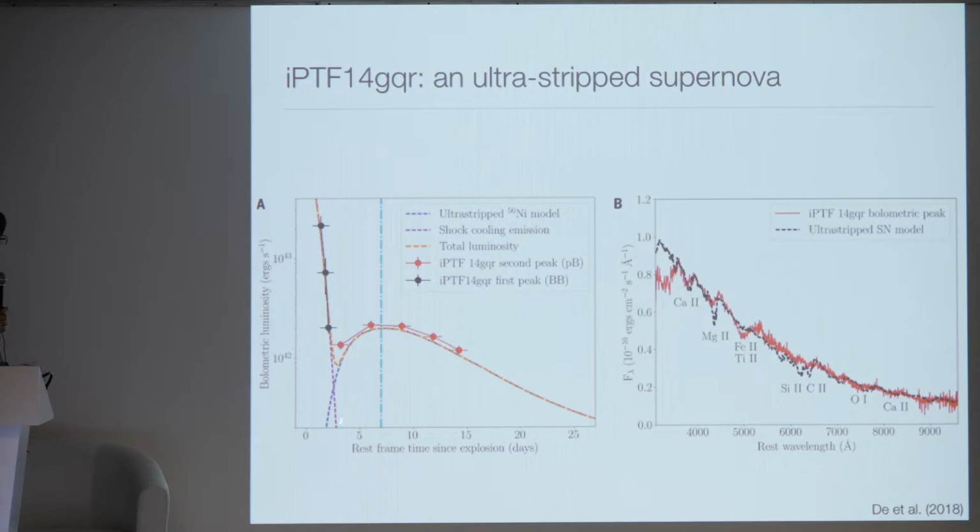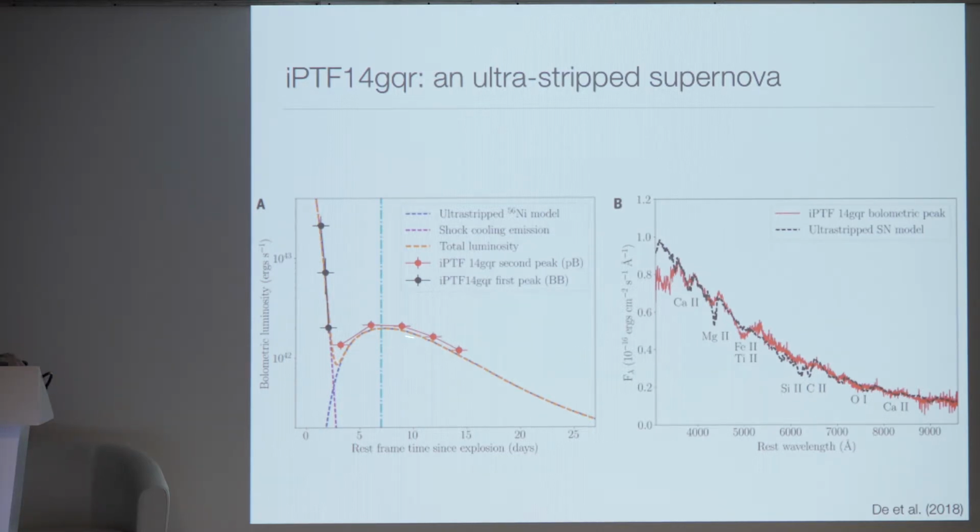As you can see, the rise time is like 5 or 7 days or something like that. We saw previously that the rise time of type Ibc supernovae, or stripped-envelope supernovae, was usually like 20 days or so. So this is much shorter. That means the ejecta mass should be extremely small compared to the normal type Ibcs.